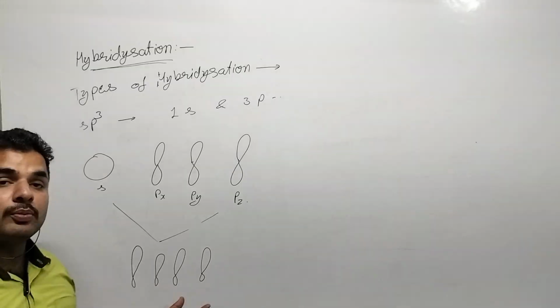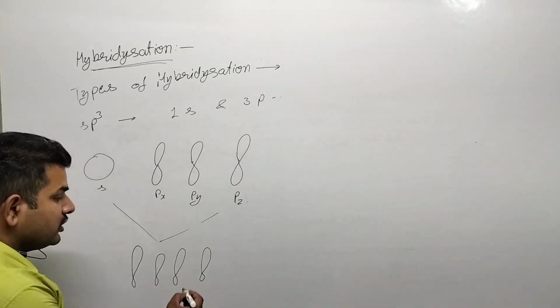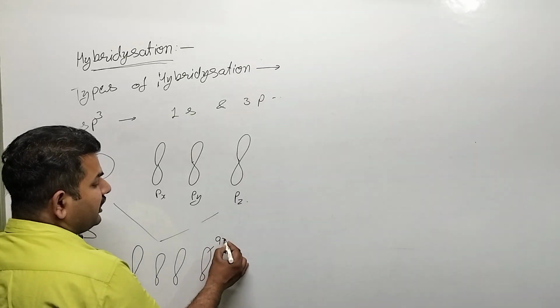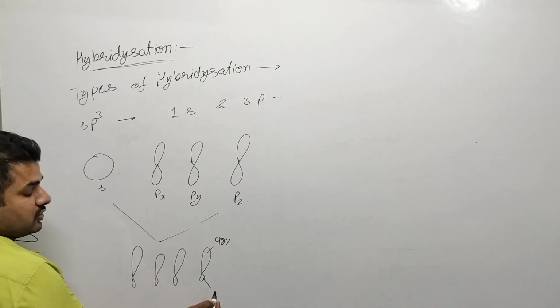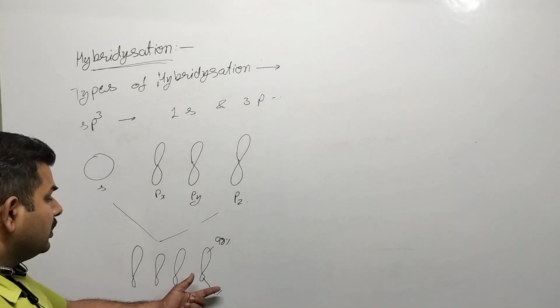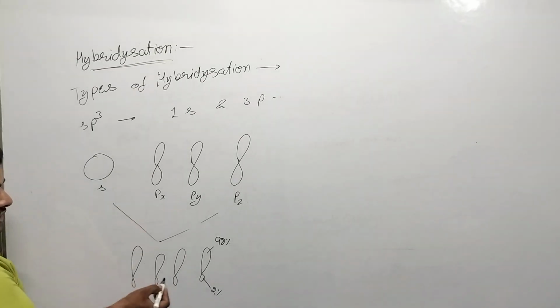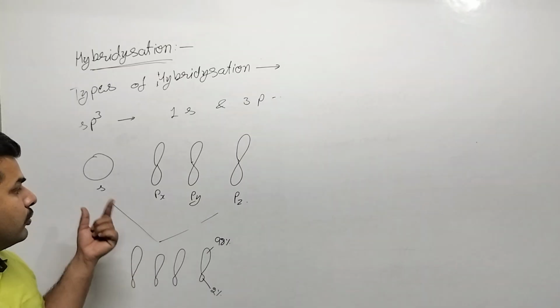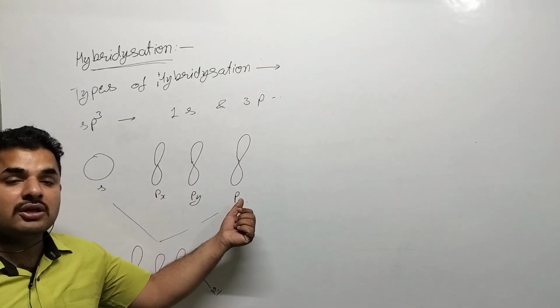In a hybrid orbital, one lobe is represented with a larger size, which contains approximately 98% of the part, and one lobe is small, containing 2% of the size of the lobes. Here we can see these new orbitals are formed by intermixing of one s and three p.